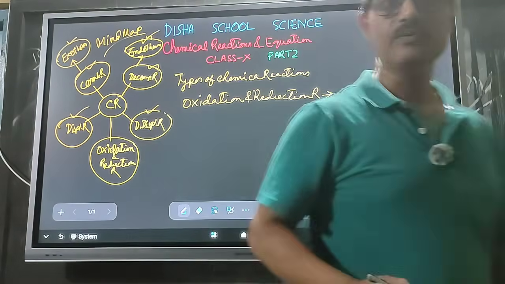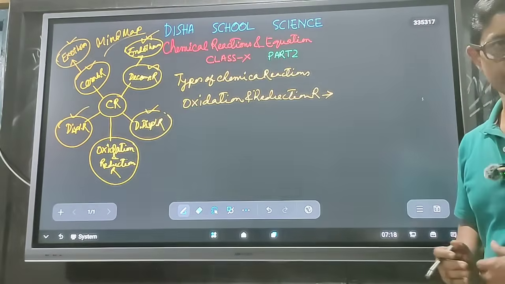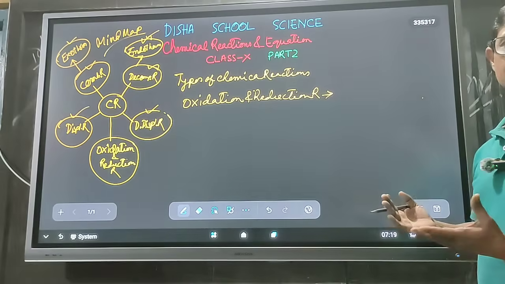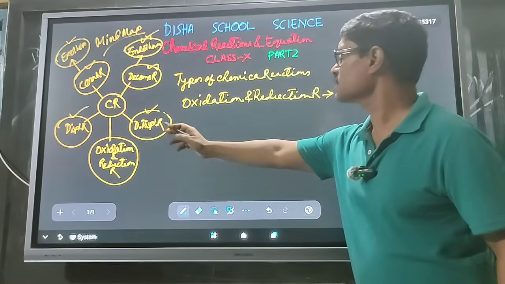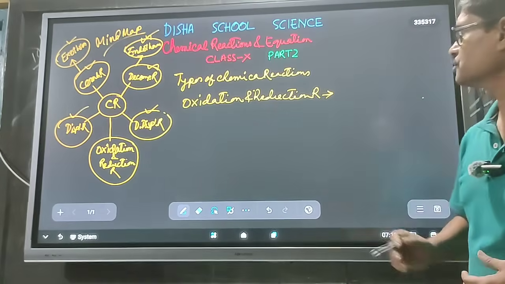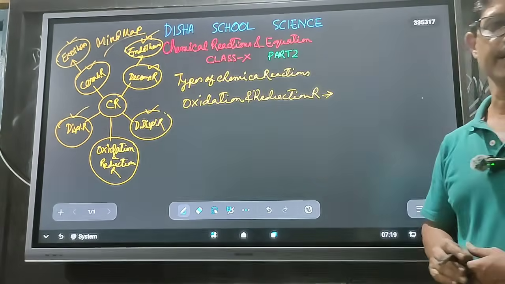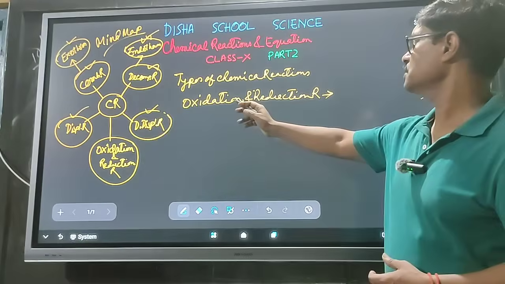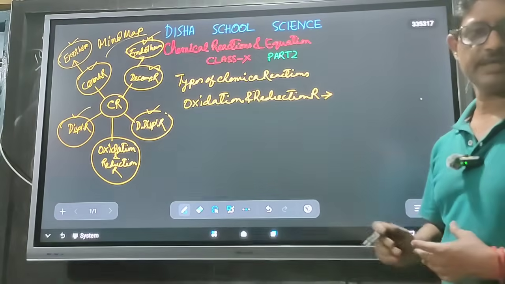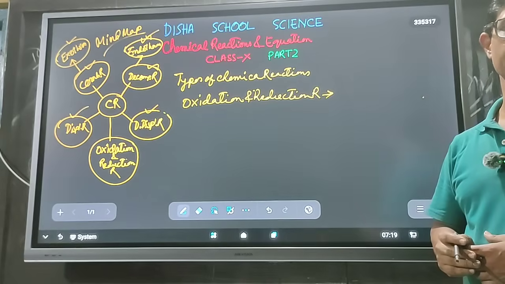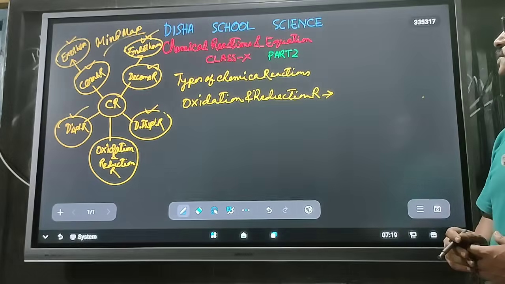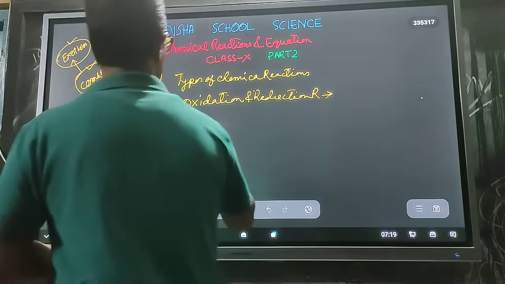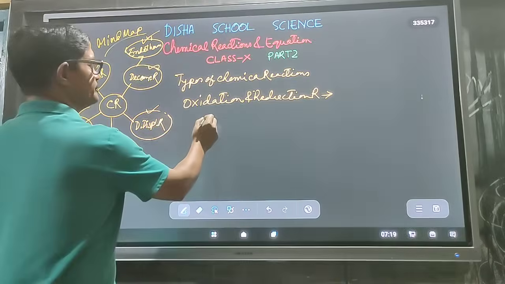You see, we know one is oxidation reaction, another is reduction reaction. But when it comes to chemical reactions, they are taken together. That means oxidation and reduction reactions occur together. Are you clear? So first of all, let us be clear about oxidation reaction.